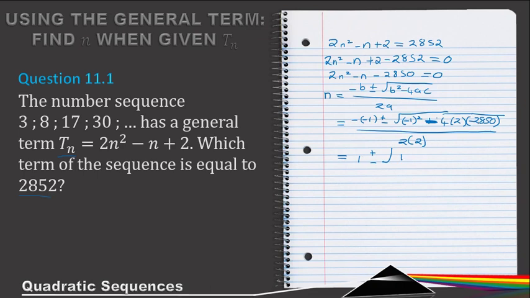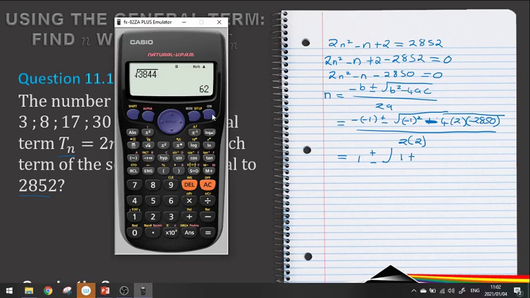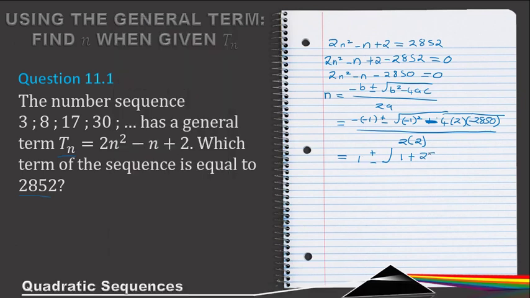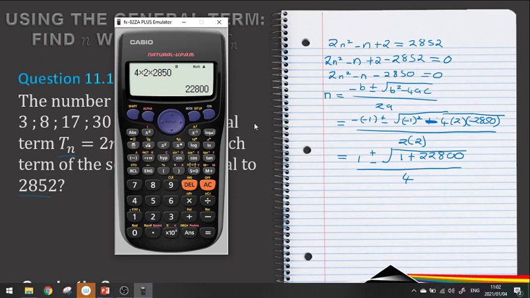A minus and a minus is a plus. And then you'll have 4 times 2 times 2850, and that gives me 22800, over 4. That's just easier for me to type in, I think. But once again, up to you.